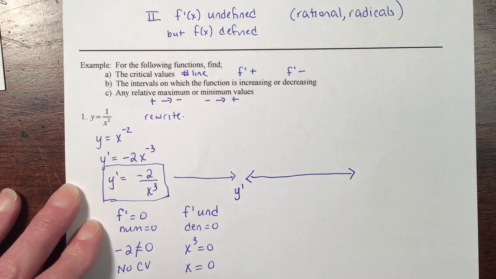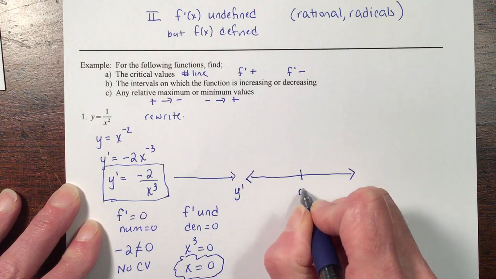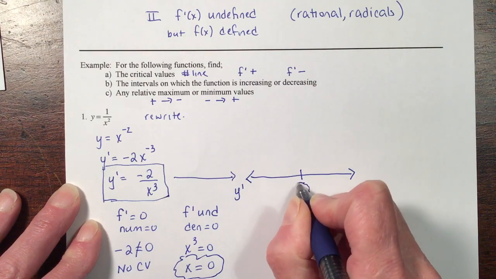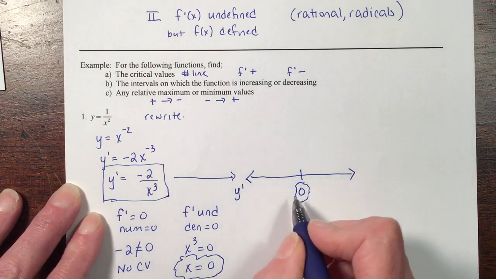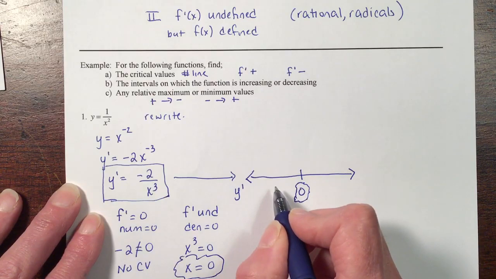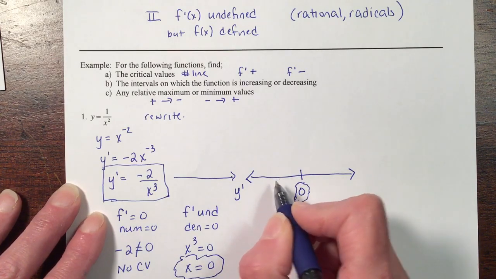It's a y prime number line I'm testing in. And I'm going to take, and usually this is going to seem a little weird at first, I put this, I want to remind myself it's technically not a critical value, so I make a little squiggle around it. And I plug a number that's less than 0 into this. So let's say I take a negative value, -1.